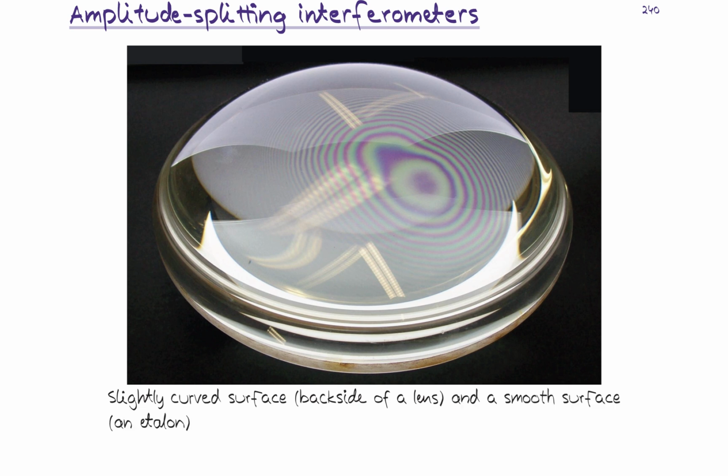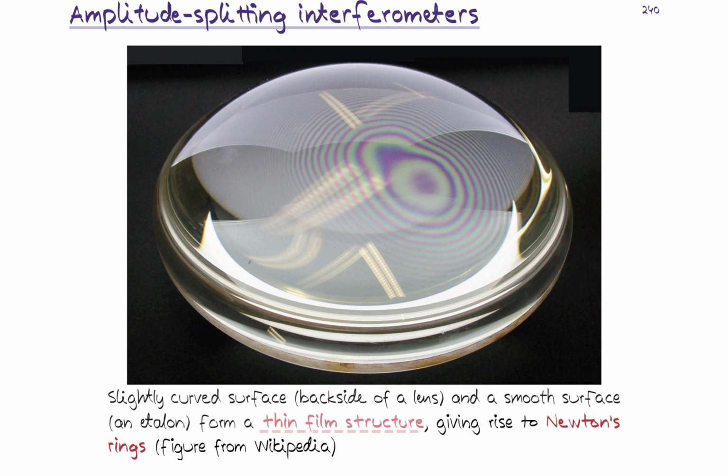Because there's a slight curvature in the backside of the lens, and there's a smooth surface, essentially an etalon, these together form a thin film structure, and this gives rise to the colorful rings that we are seeing here. These are known as Newton's rings, and the figure is from Wikipedia. So the coloration we are seeing here is not caused by the top surface that we definitely see is curved, but rather by the bottom surface of the lens, which should be flat, but in practice is slightly curved.